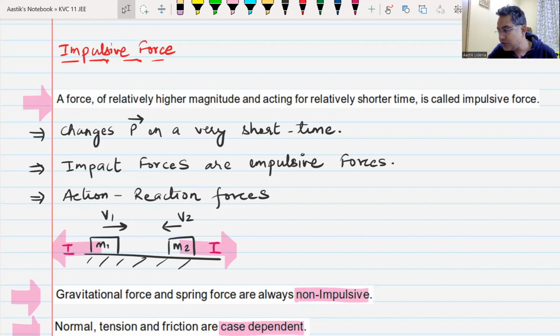Any force which changes momentum, any force that gives an impulse will be an impulsive force. But we are going to call impulsive forces those forces of very high magnitude, which act for a very small interval of time and change momentum during an impact.